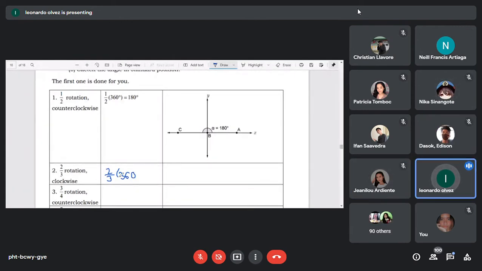That is negative 240 degrees because that is clockwise. So that is equal to negative 240 degrees.